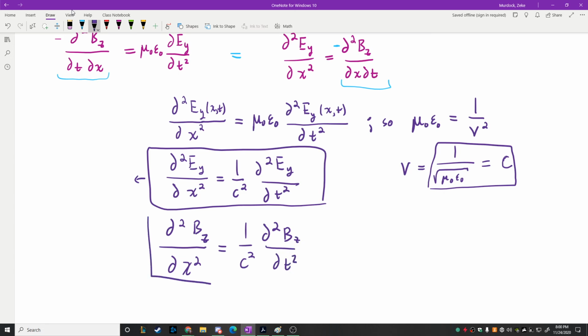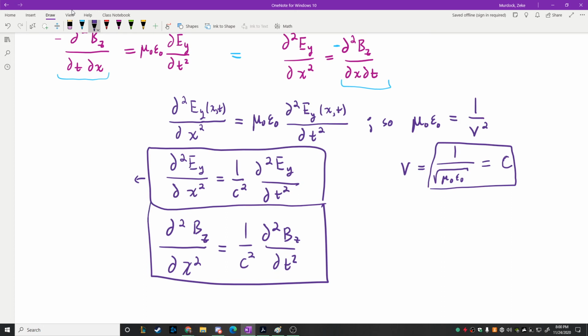So both the electric field and the magnetic field satisfy the wave equation, and therefore this kind of explains why it is that the electric and magnetic field are what it is that composes light. And this was exactly what Maxwell thought when he was going through this process.